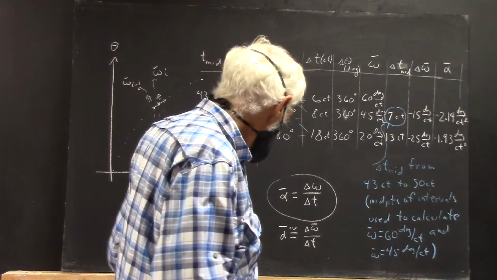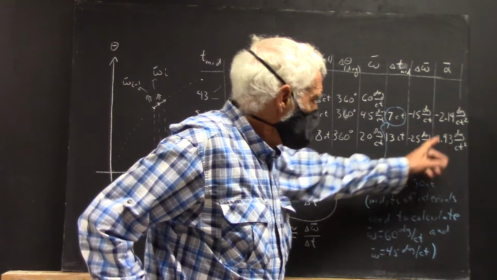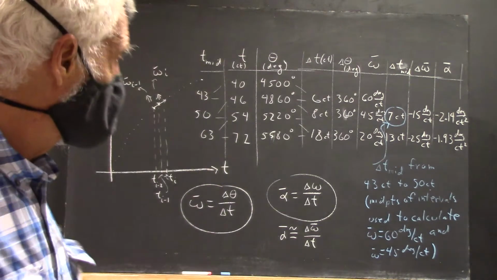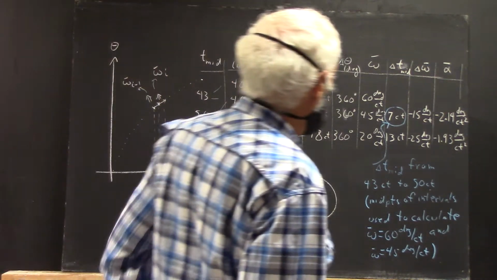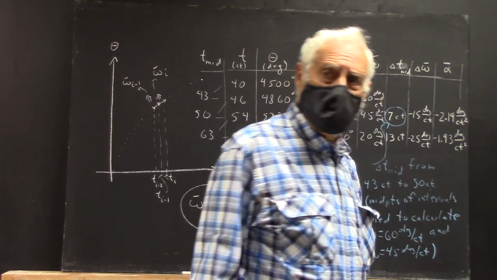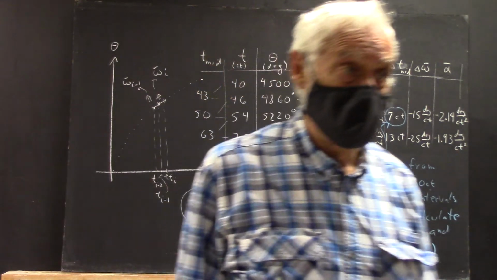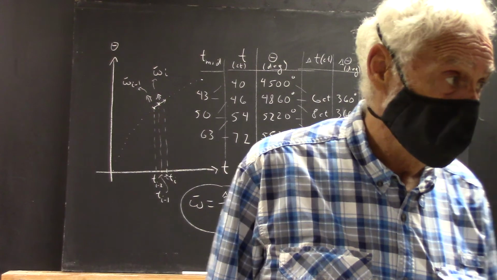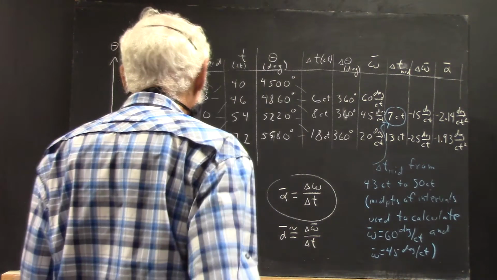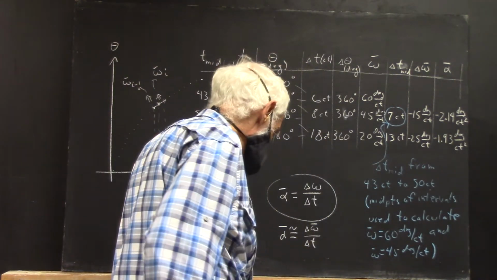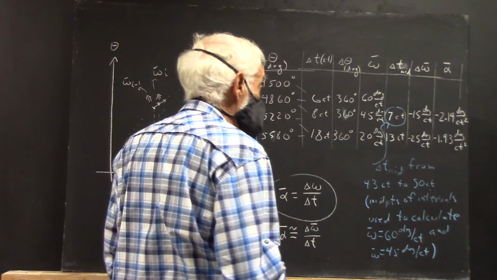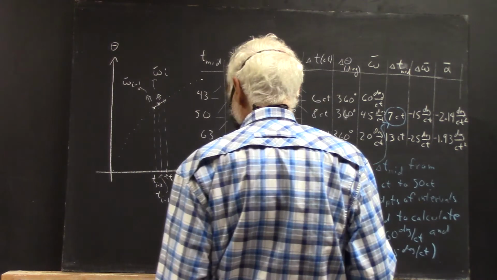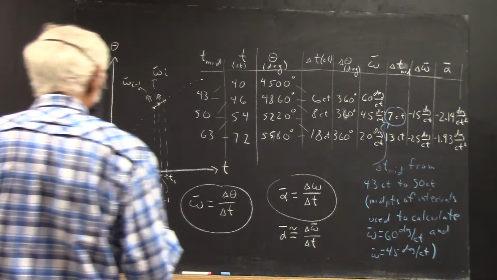But you know what it looks like? It looks like maybe I could suspect that this alpha bar thing is constant. So, we have a question here. First of all, come down here.